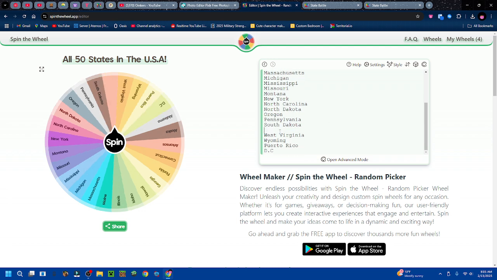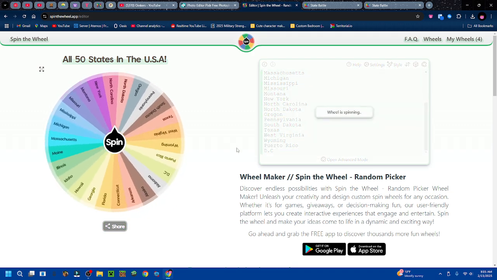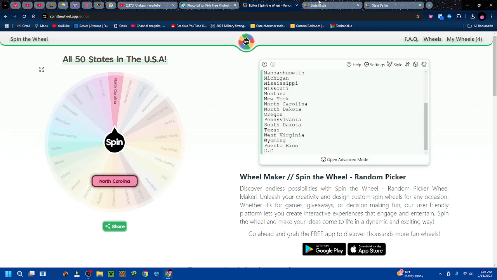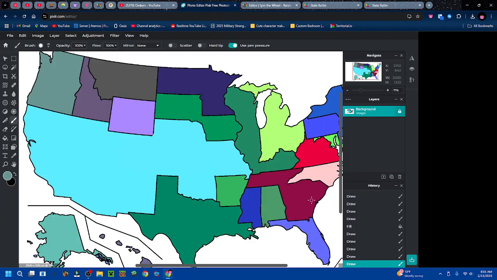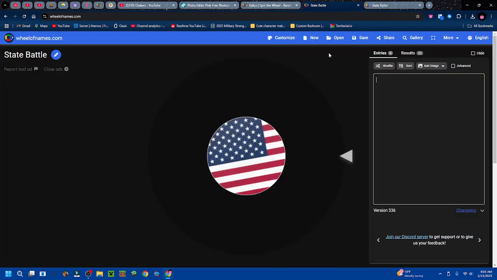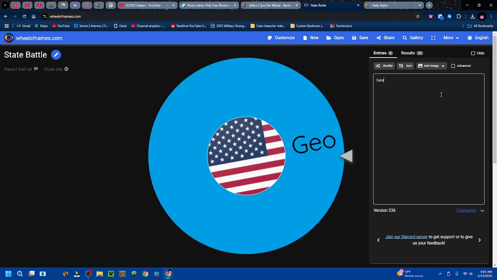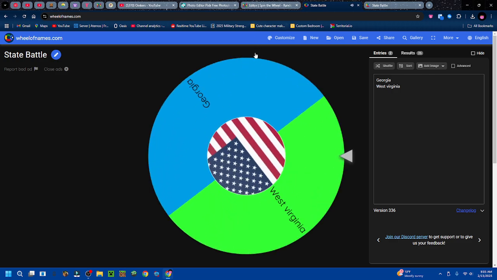Just remove Washington. Oh, we just removed Texas and Washington. Alright, Texas is back, don't worry. But now we're going to be doing North Carolina. North Carolina sliding into battle. Who do they border? They border just these two powers. Georgia and West Virginia.